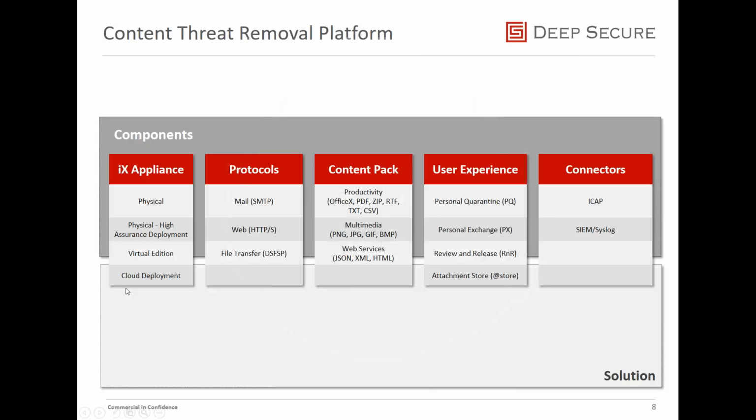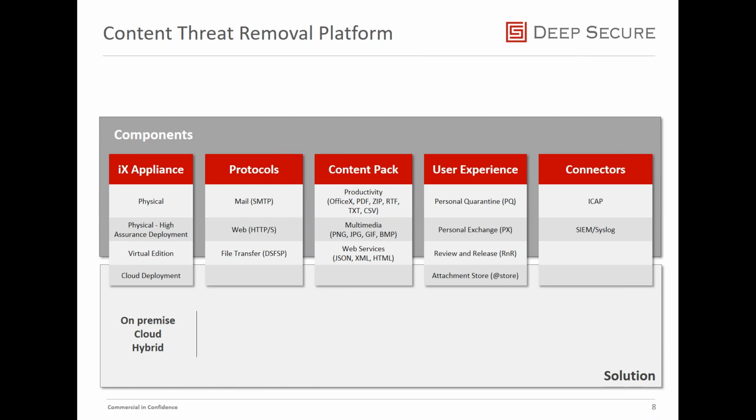The platform is deployed at a boundary point, and is comprised of a number of components. It supports on-premise, cloud, and hybrid deployments, with the option to include a special high assurance component for those environments where it is essential to provide physical network separation. The platform supports mail, web, and file transfers.